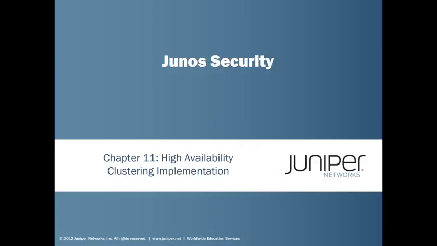So one of the devices will be the primary for control plane and configuration changes, and those configuration changes will be duplicated across onto the secondary device. So we configure one, and those changes are duplicated across.